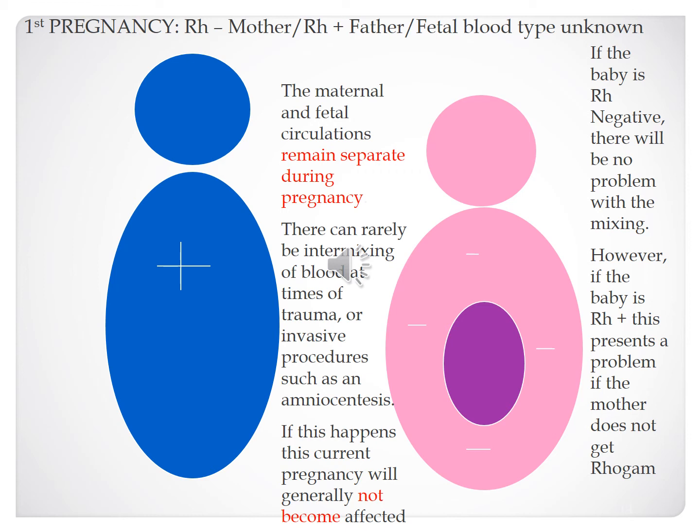So that fetus is generally considered safe. However, if we do not treat this mother with a medication called Rhogam, and I'll get to Rhogam, she can develop antibodies against Rh positive blood, and that can impact subsequent pregnancies if that baby or those babies are Rh positive.